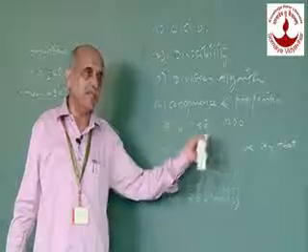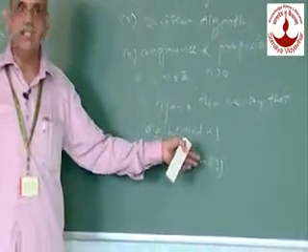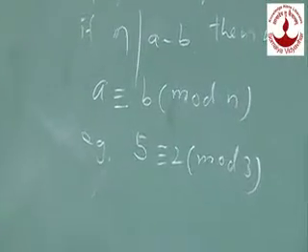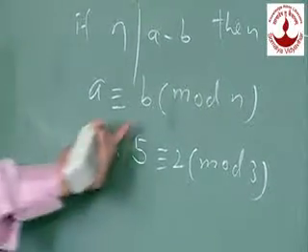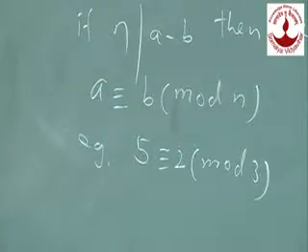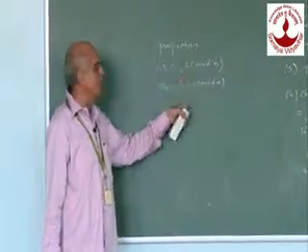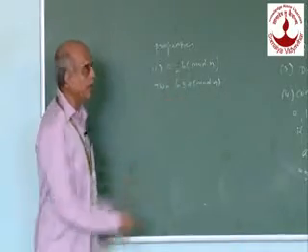In the earlier case the answer is plus 1, in the second case the answer is minus 1. You are not interested in what the answer is, you are interested whether the difference is divisible. So these two numbers can be interchanged. a is congruent to b is the same as b is congruent to a.